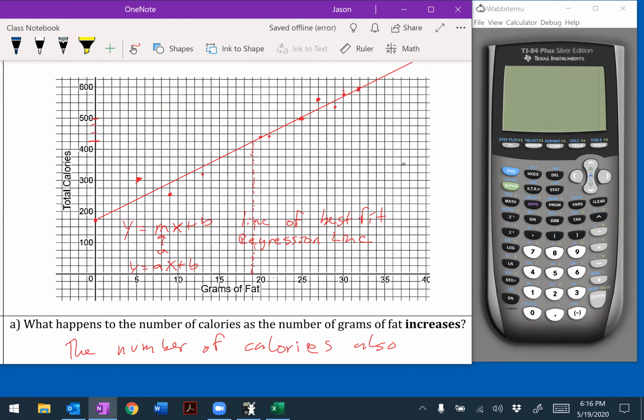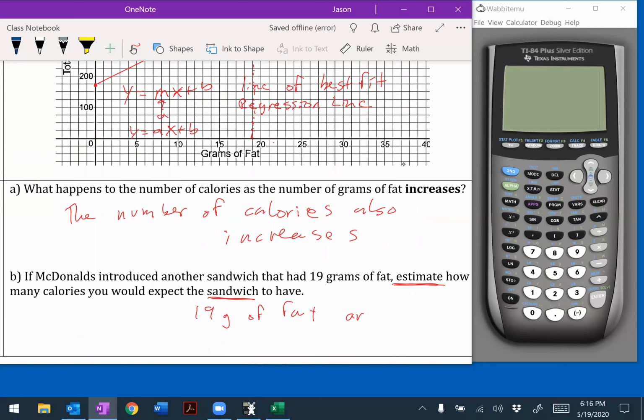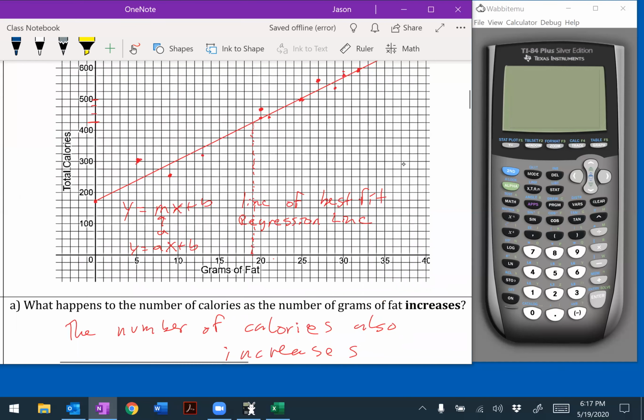It's fine. 20 was 440, not 420. Whatever. So we'd say, yeah, around maybe 425 calories. 19 grams of fat, around 425 calories. So something like that on that linear trend.